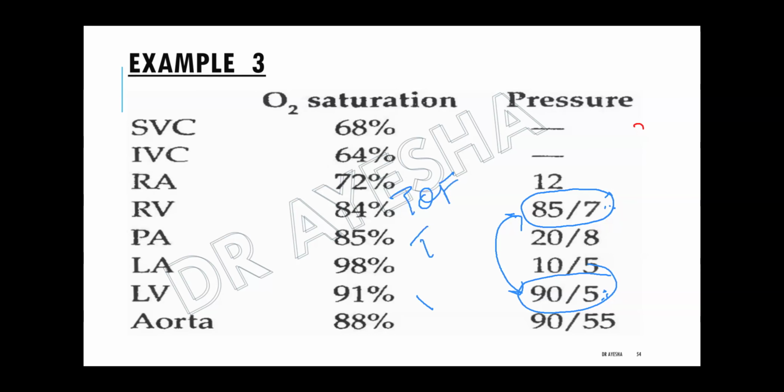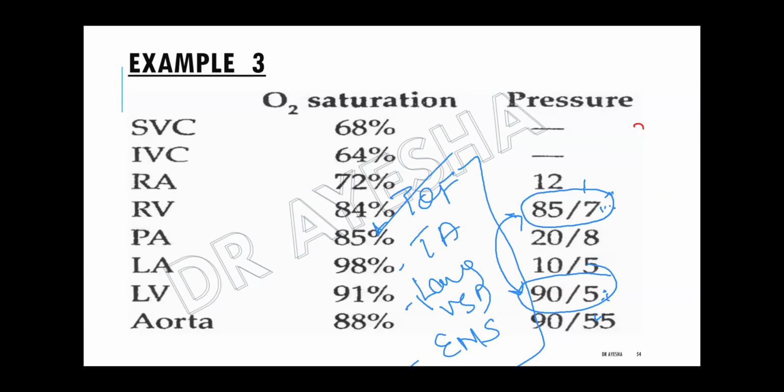TOF, truncus arteriosus, large VSD, and Eisenmenger syndrome. So that's what I'm telling you if you have the same pressure. Because we have already established the pulmonary stenosis and right ventricular hypertrophy, we mark the TOF over there. Okay.